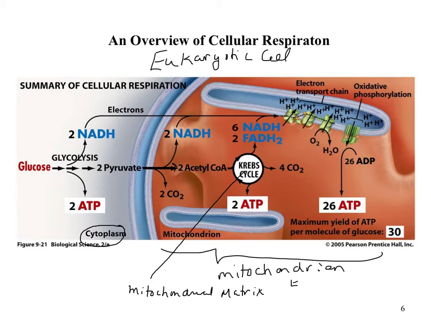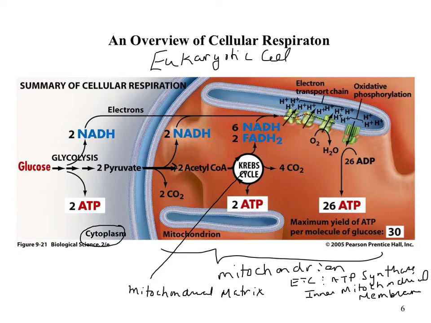So the electron transport chain and ATP synthase are at the inner mitochondrial membrane.